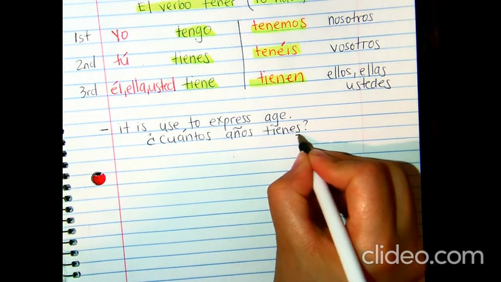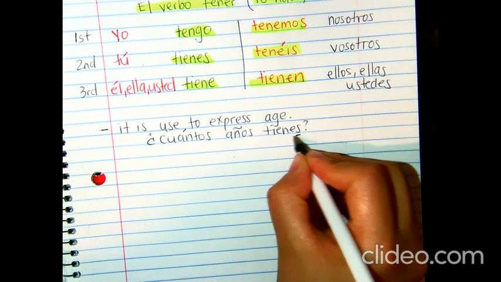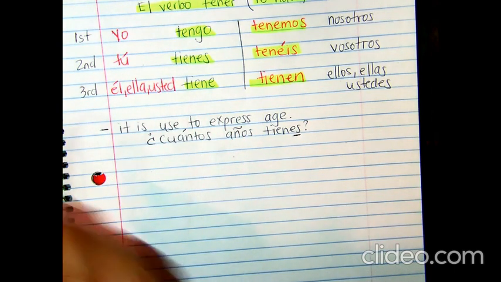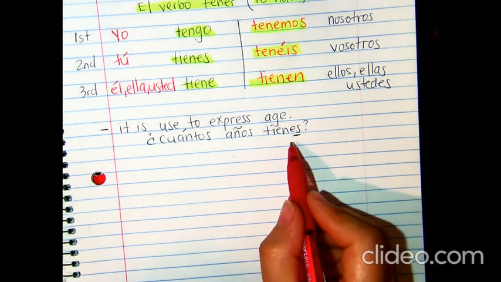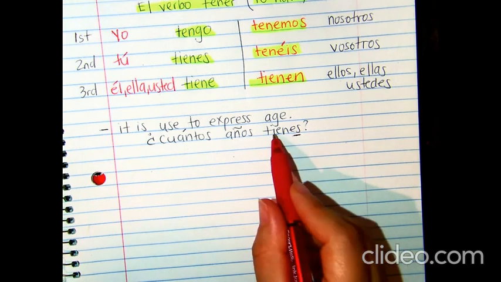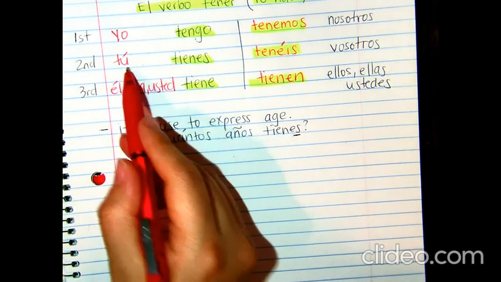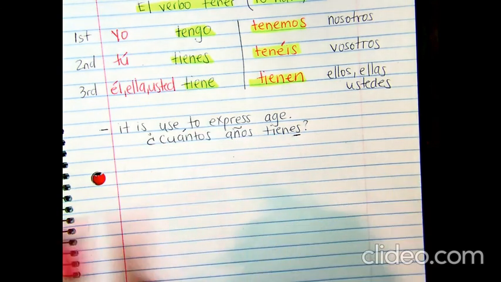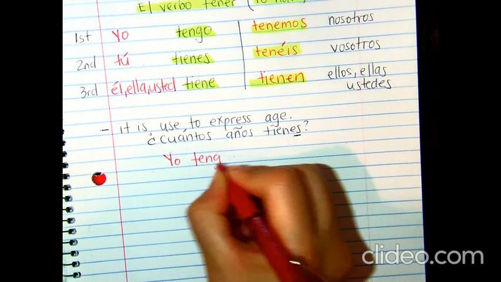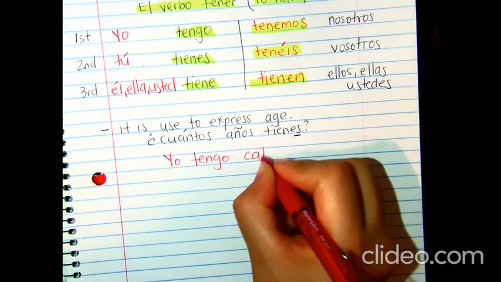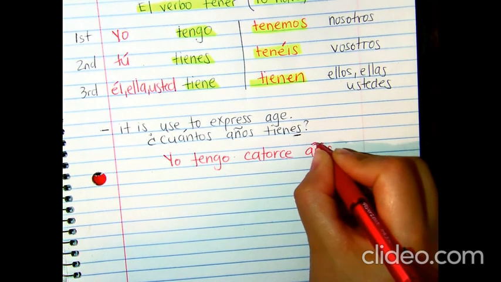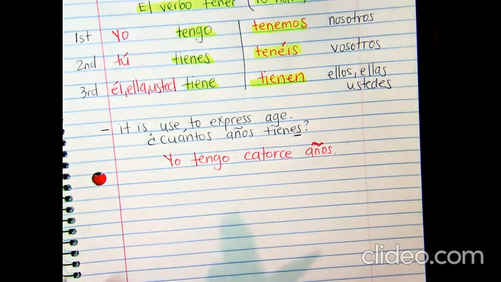Notice right here that this ends in es, tienes. It is talking about you, second person. Every time you have a question in second person, in tú form, you will answer in the first person. You will say, yo tengo 14 años.